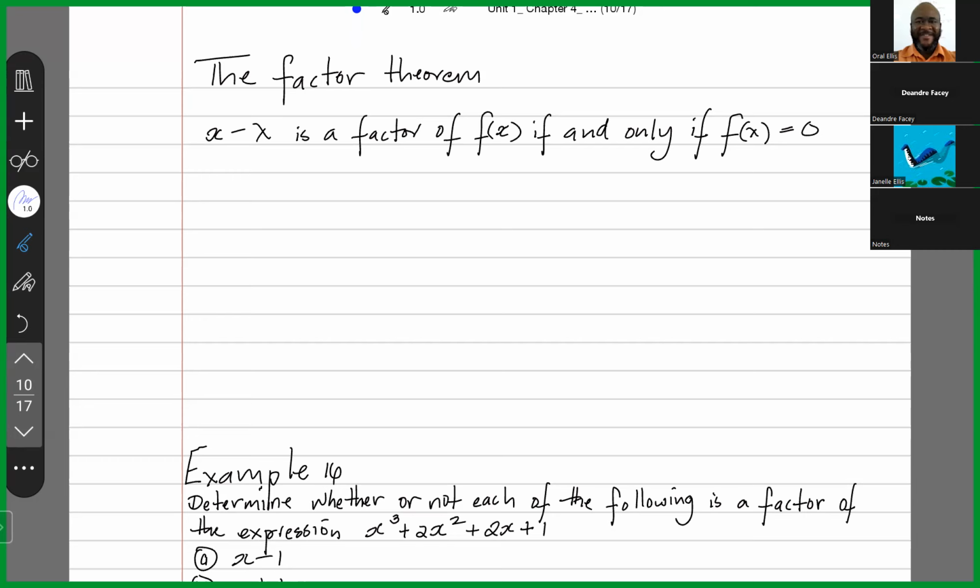So what we're saying is this: if f of x is divided by x minus lambda, and x minus lambda is a factor, essentially the remainder is going to be equal to 0.